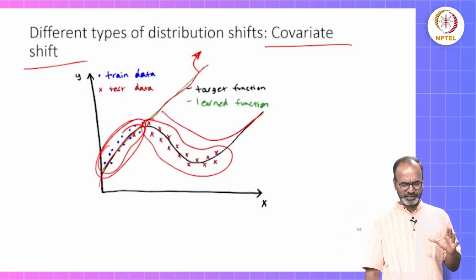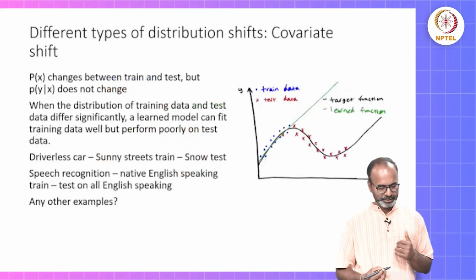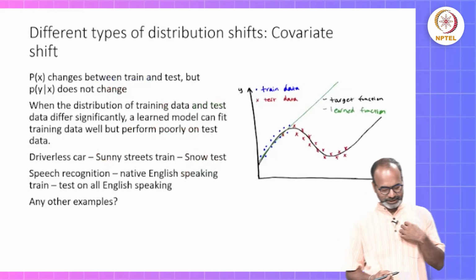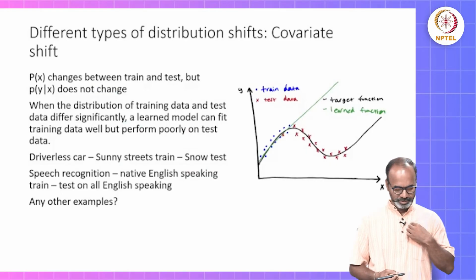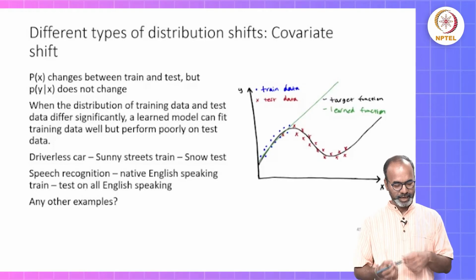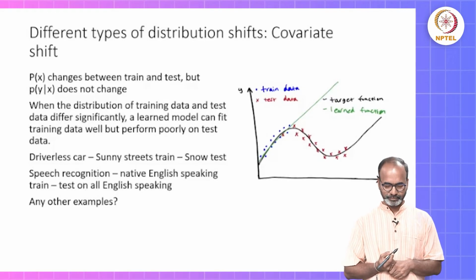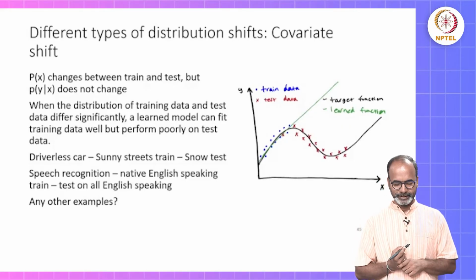I'm sure you have started thinking about why this is happening, but let's explain it. Here is what it is: P of X changes between the train and the test, but P of Y given X does not change. Right, covariate, that's the idea here.